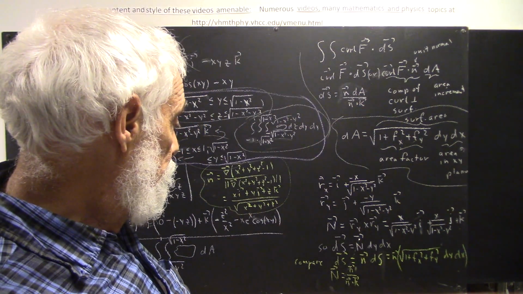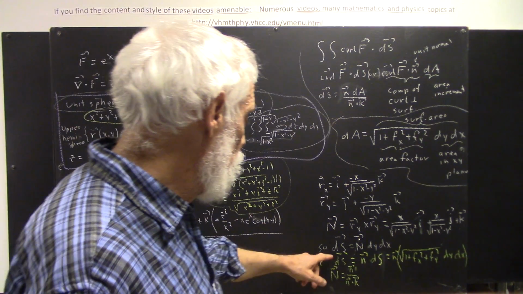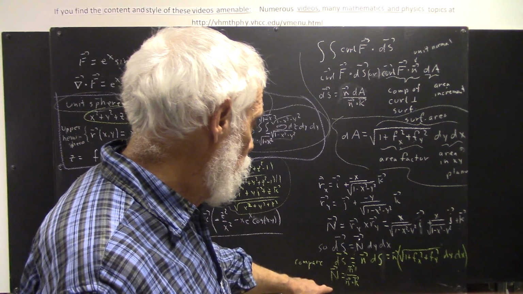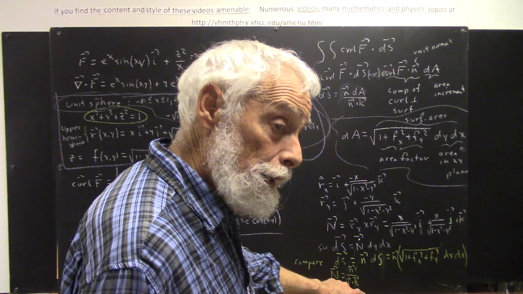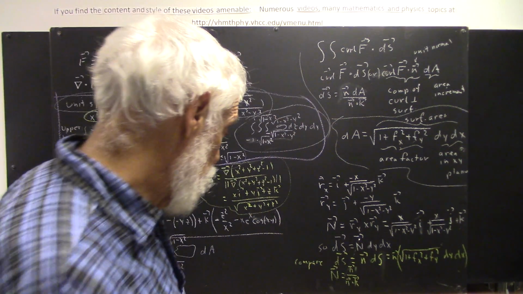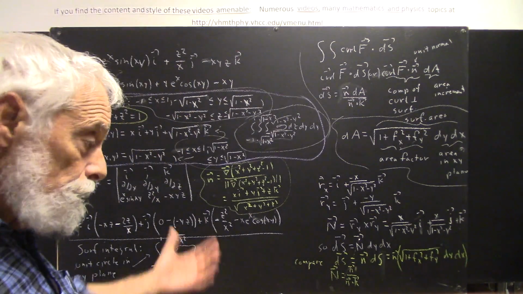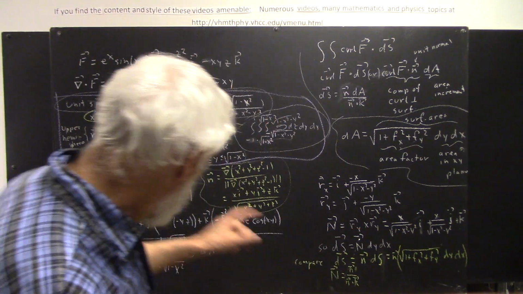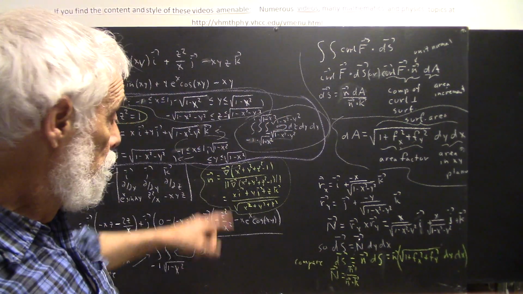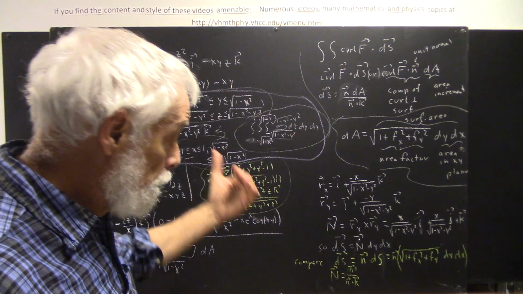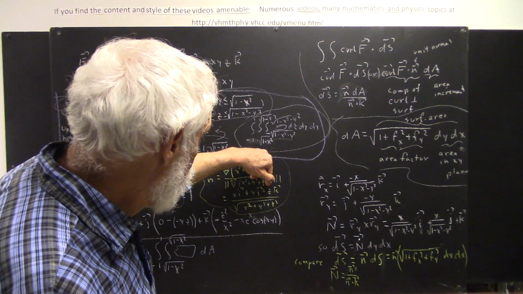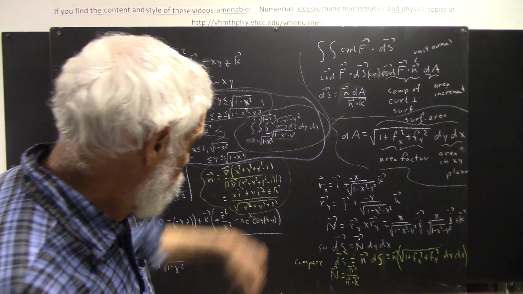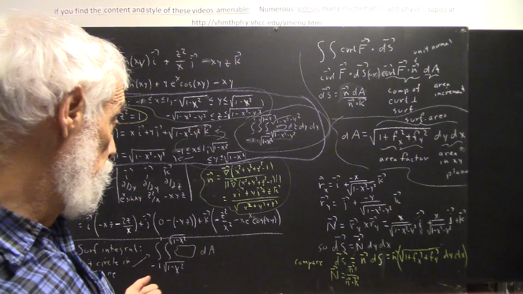Okay. Now, you can compare this by also noting that this n vector is just a little n vector divided by n dot k. And how do we get that? Well, here we've got the big N vector, here we've got the little n vector. Okay? Little n dot k is just the k component, which is z divided by the square root of x squared plus y squared plus z squared.